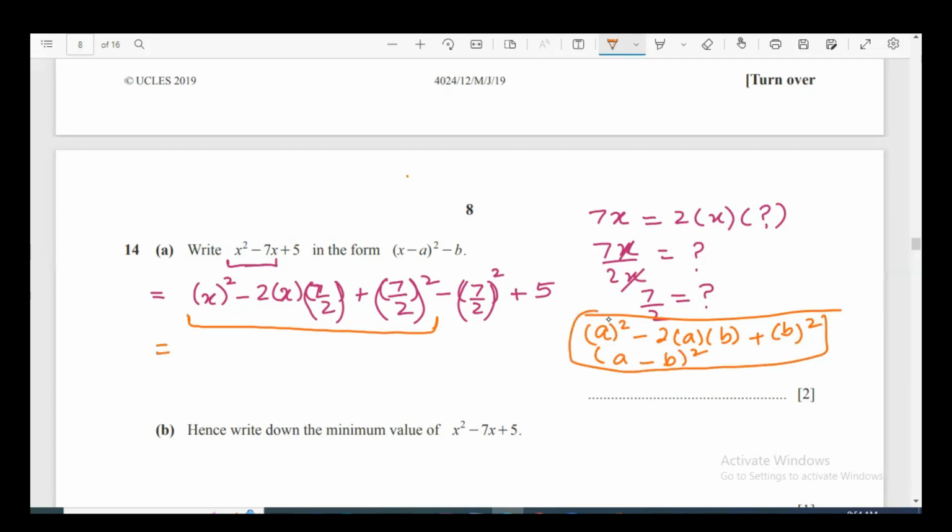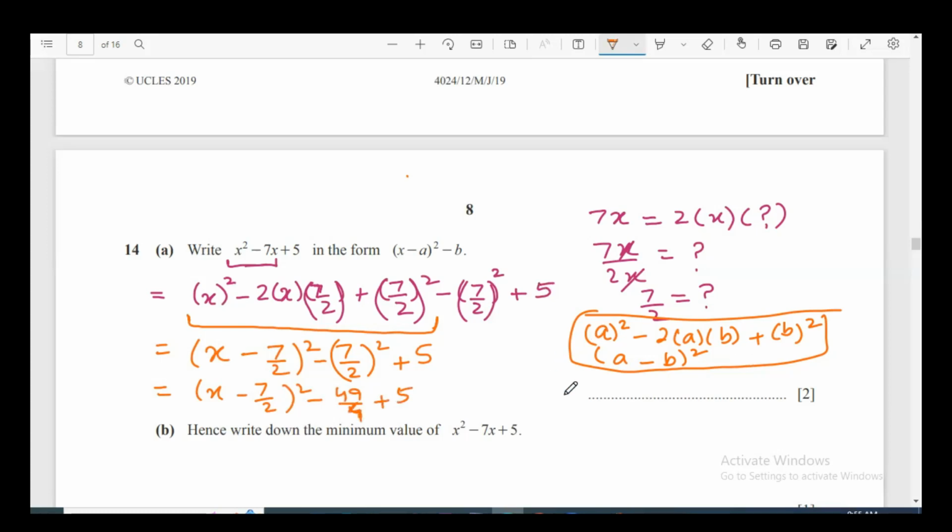According to this identity, I am going to write a square minus 2ab plus b square as (x minus 7 over 2) whole square. (x minus 7 over 2) whole square, and minus (7 over 2) whole square plus 5 are the remaining numbers. After simplification, (x minus 7 over 2) whole square minus 49 over 4 plus 5.